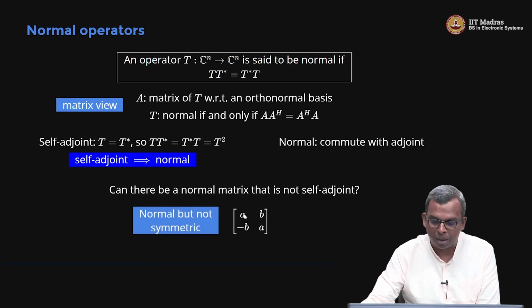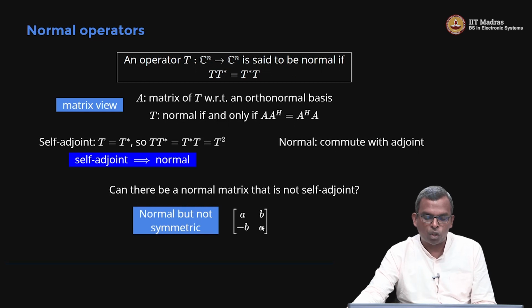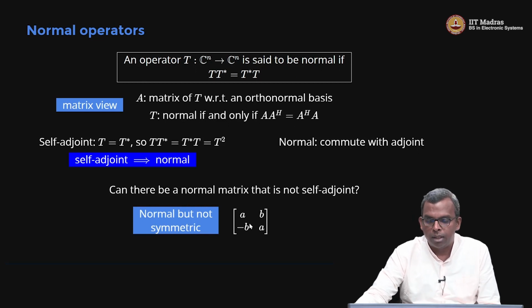Here is a very simple example, A minus B, B A. If you do this, you will get, this is not equal to its adjoint, okay. A, B are all real. So, this is not a symmetric matrix, so it is not self-adjoint, doesn't represent a self-adjoint operator, but it is normal. You can check that A times A transpose equals A transpose times A. In fact, it will be equal to A squared plus B squared on the diagonal and 0 on the off diagonal, okay.